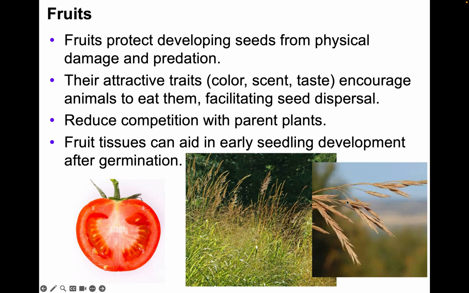And they're not flashy in color. They're not nutrient-rich exteriors. The seed is pretty nutrient-rich, but the fruit itself is not nutrient-rich. So we don't get a lot of animals coming to get these. And that's because they're wind dispersed.